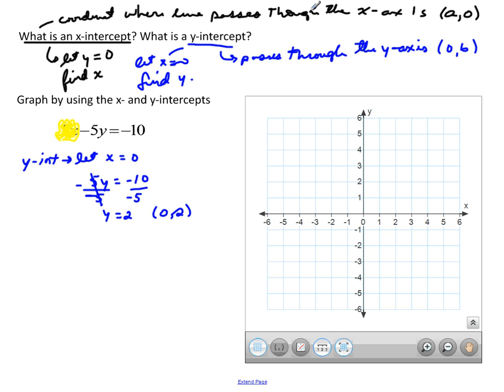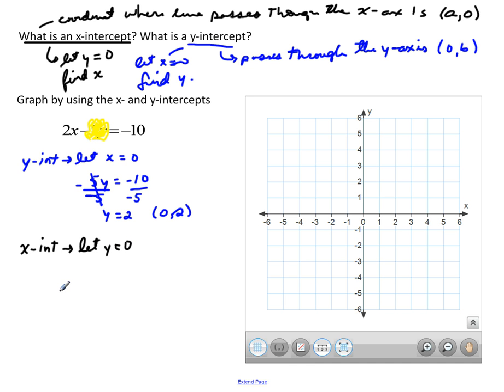All right, if we want to find the x-intercept, how do we do that? Well, very similar to what we did before. We cover up the y term, because if we want to find an x-intercept, the key is to let y equal 0.